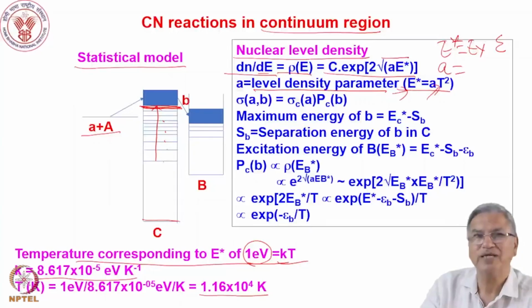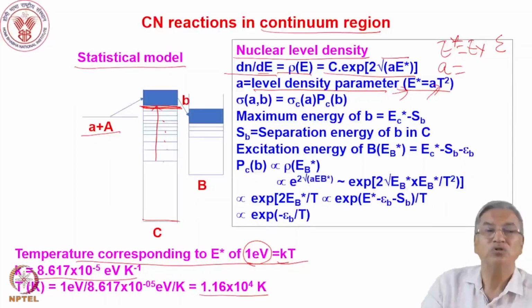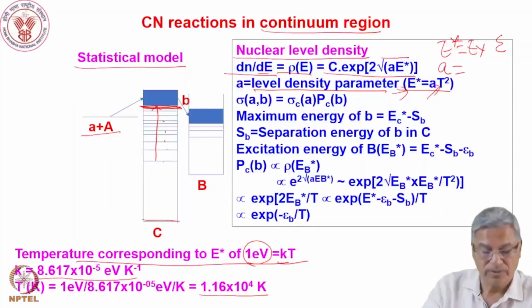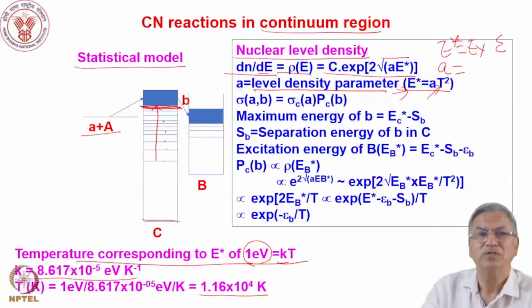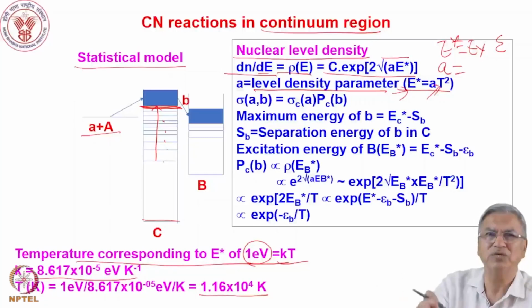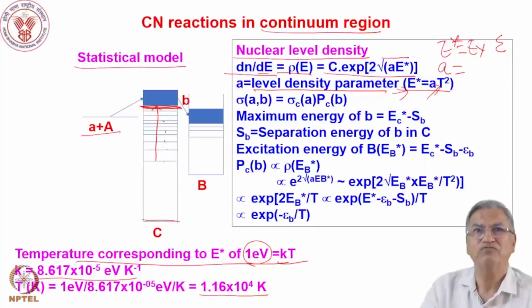So if you recollect nuclear fusion, we are talking about 10 to the power 8 Kelvin, that is about 10 to the power 4 electron volt, so tens of keVs. So this is where you try to correlate the temperature of the nucleus, which is behaving like a hot Fermi gas.